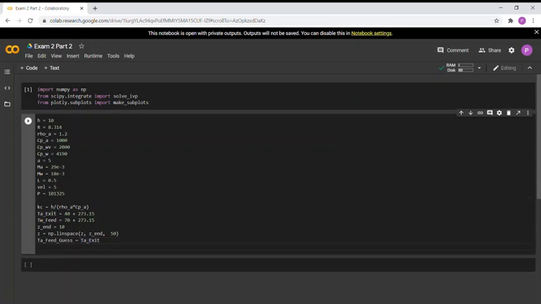And as I said, we have to calculate the y-axis.